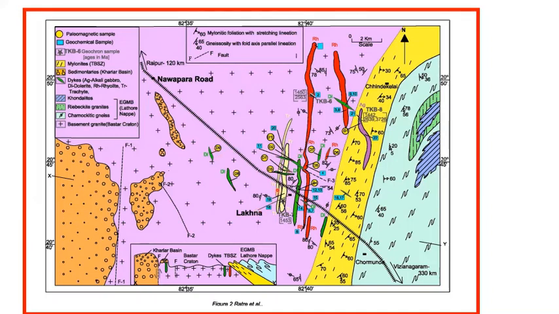Now these dikes vary in composition. Vary in composition means they have dolerite, basalt dikes, rhyolite dikes, syenite dikes, trachyte dikes, varied compositions, gabbroic dikes. So these dikes are occurring very close to the shear zone.